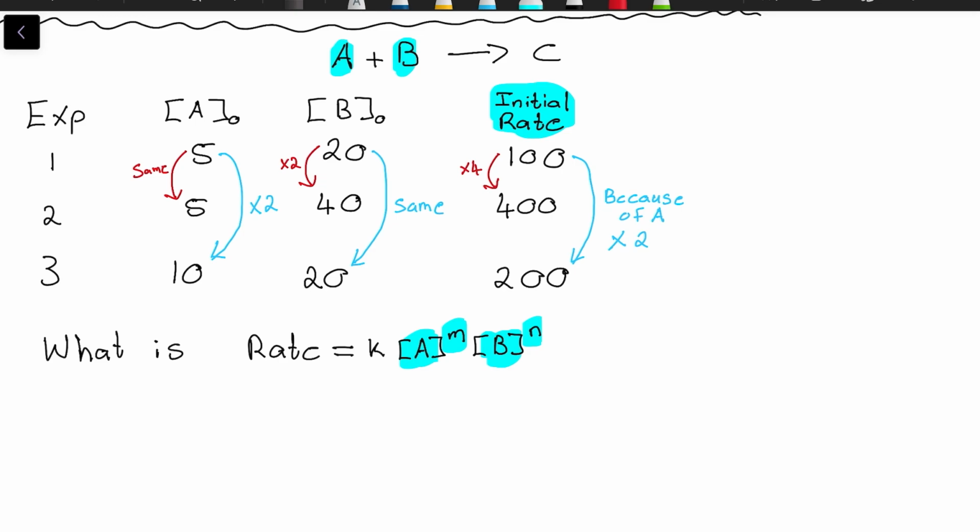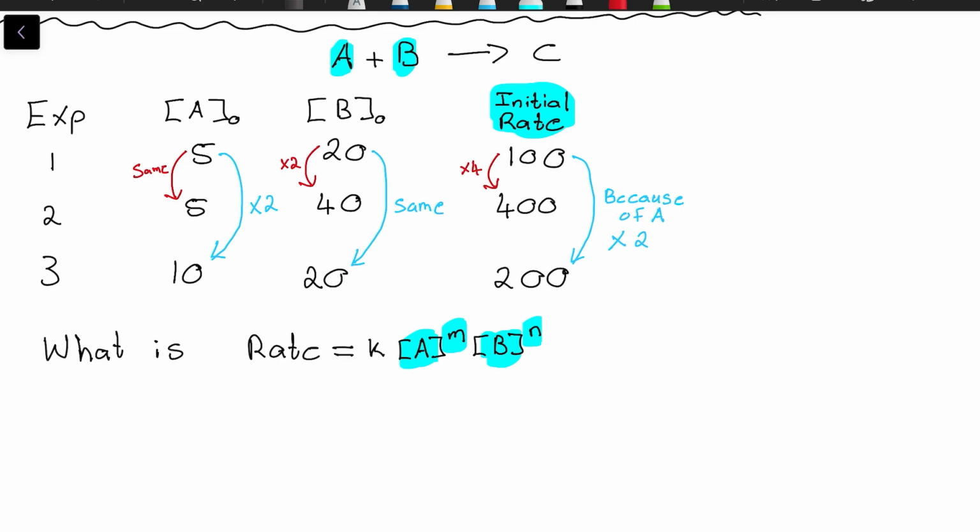All right, so you can see by doubling A, the rate only doubles. By doubling B, the rate quadruples. All right, so you can clearly see that B has a greater effect on the rate than what A has.